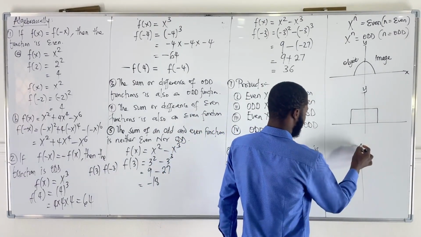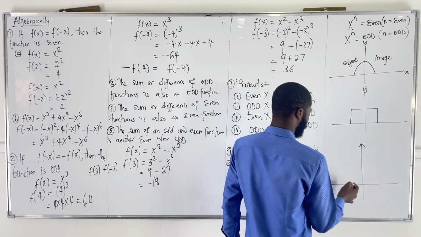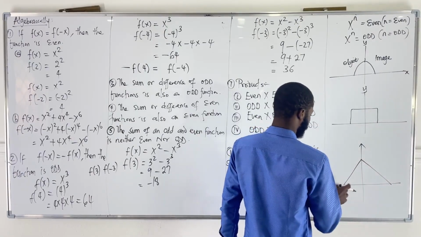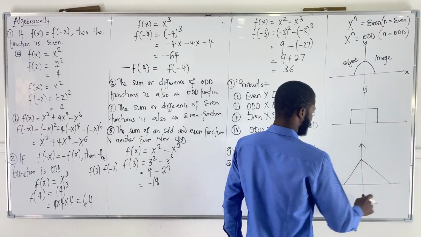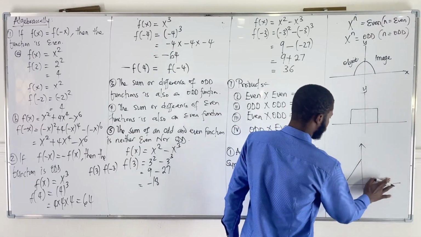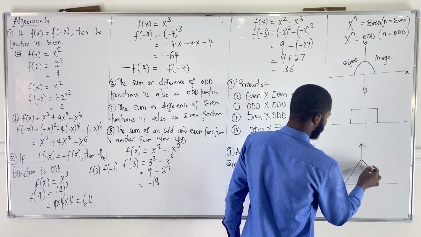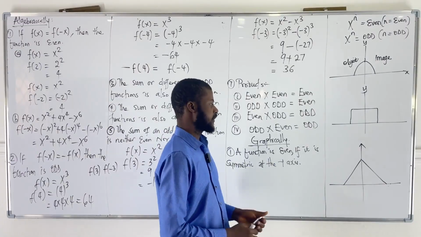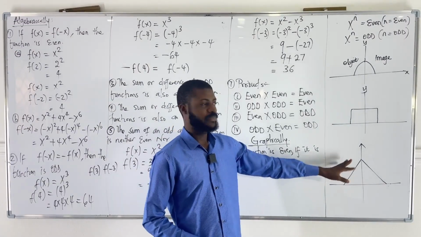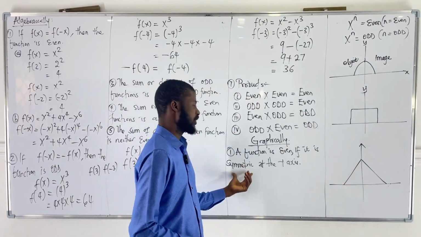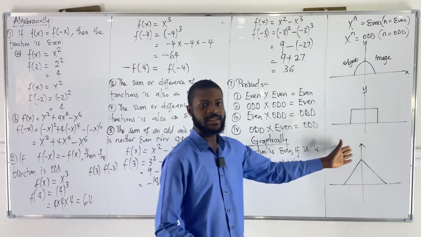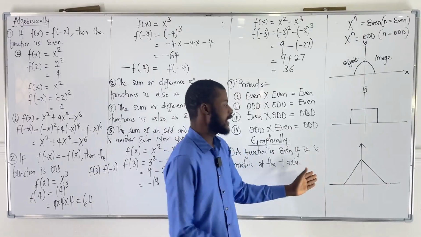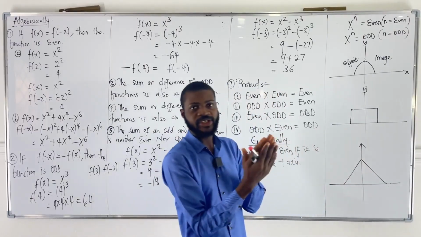So I have this guy. Looking at this, it is also an even function, because even functions are symmetric at the y-axis. It means that what is on this side is equal to what's on this side, and they can both overlap on each other.